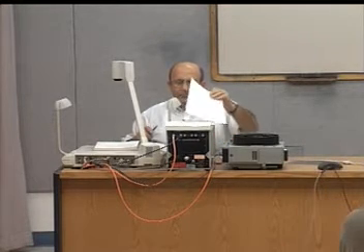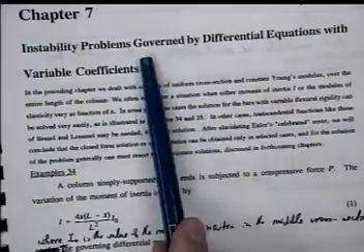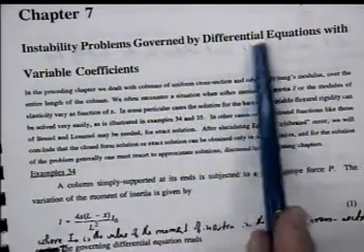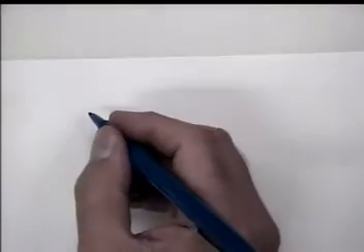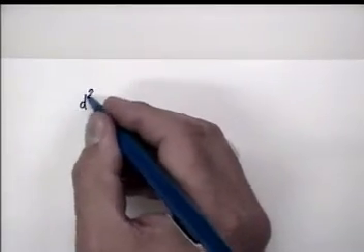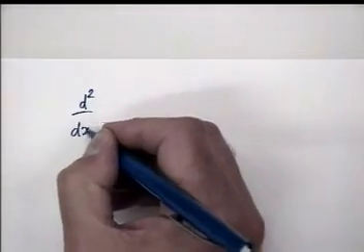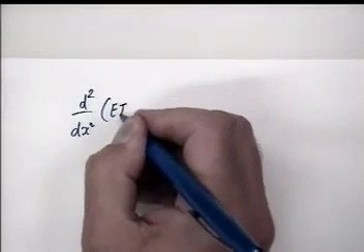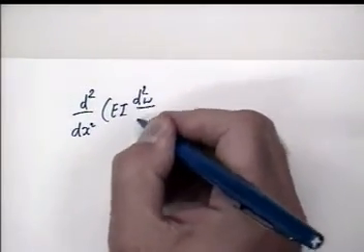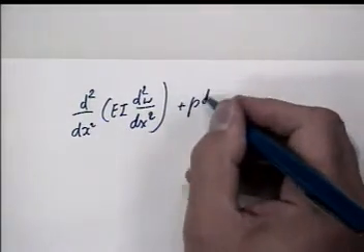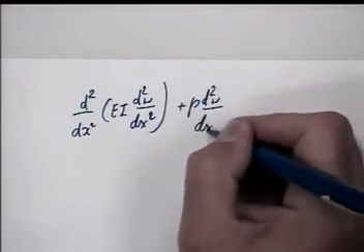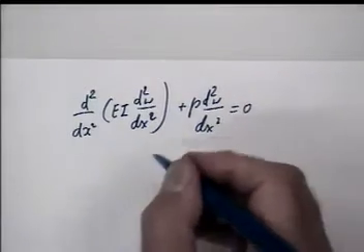So we are dealing with instability problems governed by differential equations with variable coefficients. And this topic naturally is governed by the following differential equation: d2/dx2 of EI d2w/dx2 plus P d2w/dx2 equals 0.